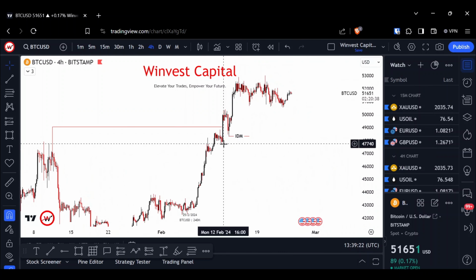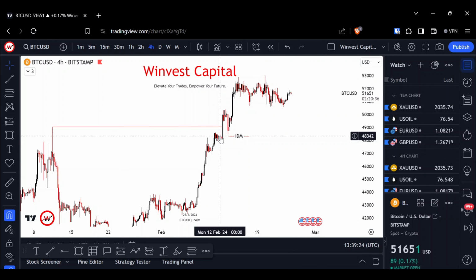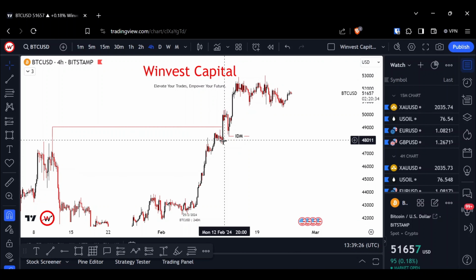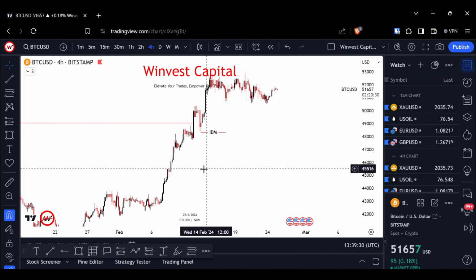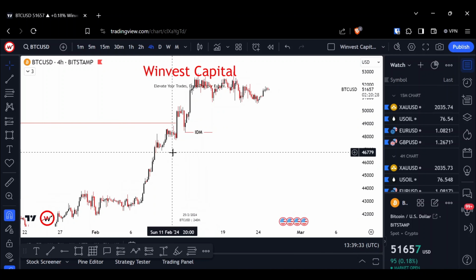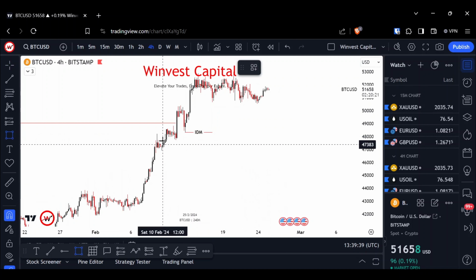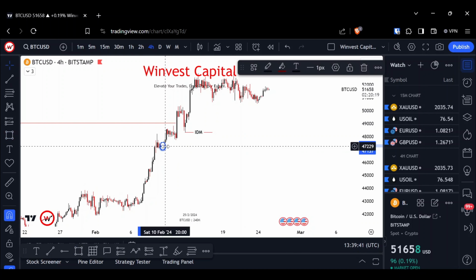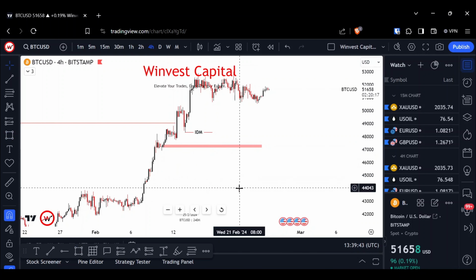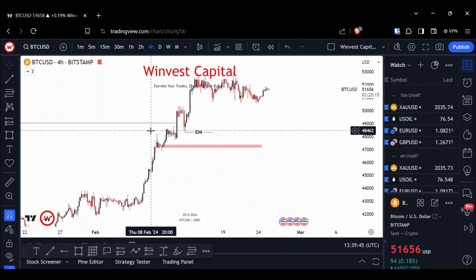I can see an order block right here, but I think this one isn't valid because this candle mitigated it already. So that would mean that we will look for one below that. This one right here, this is our valid order block.